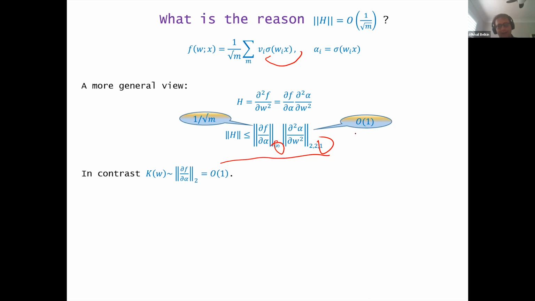So what is happening is that the kernel is controlled by the 2 norm. The Hessian is controlled by the infinity norm. And infinity norm is 1 over square root of m of the 2 norm. And that's why the Hessian norm is smaller than the kernel, the derivative essentially. This is the gradient of the same. Oh, sorry, this is gradient, the same order, also of 1.